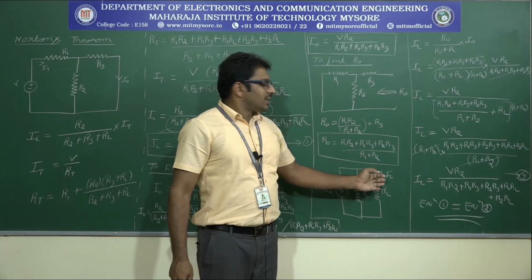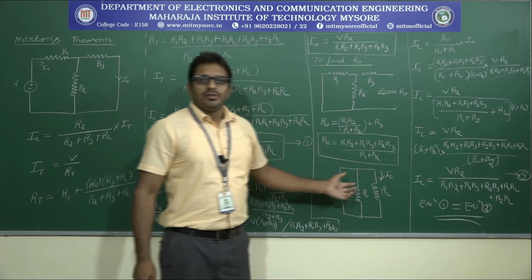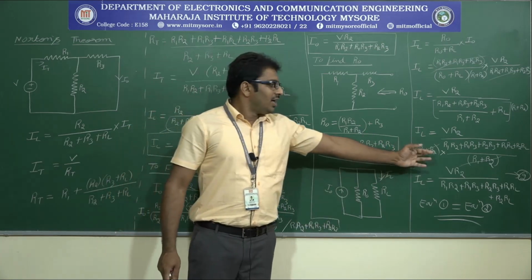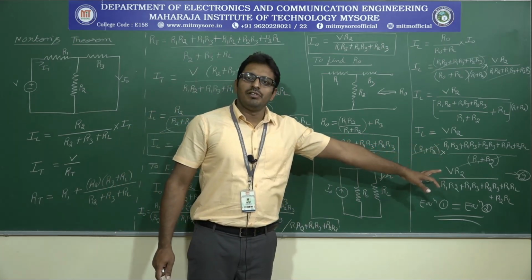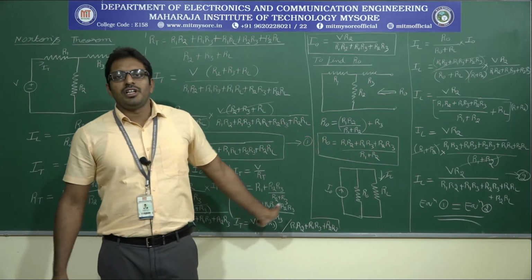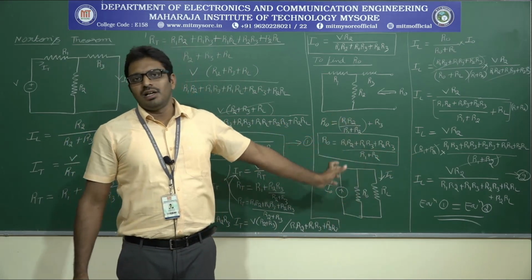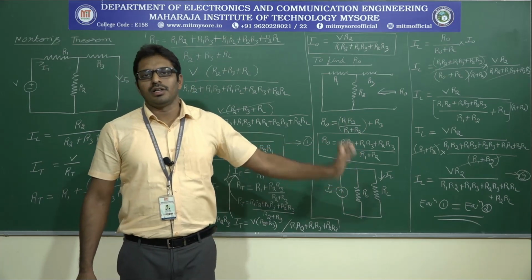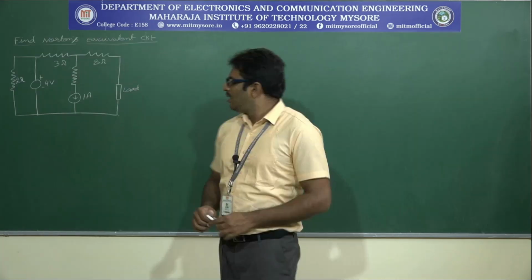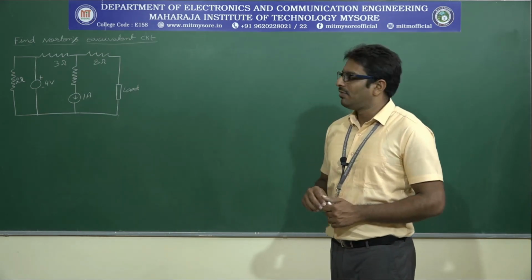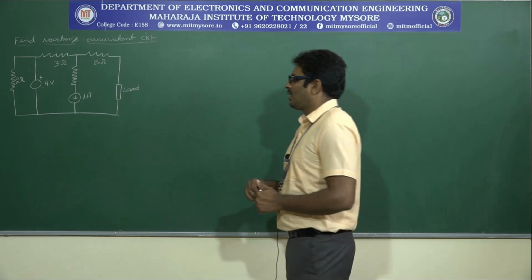In order to get the expression for IL, substitute the equations for I naught and R naught, simplify, you will get the equation and call it as equation 2. Compare equation 1 and 2, both are exactly same, so hence we can call it a proof for Norton's theorem. Thank you. Now we can solve problems by using Norton's theorem.